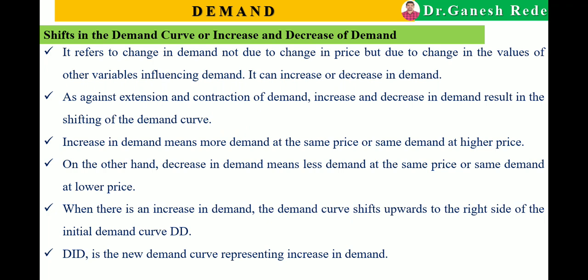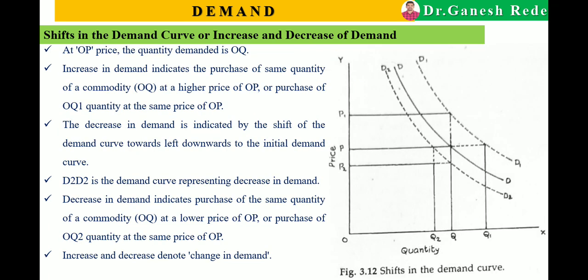Now, on the other hand, decrease in demand means less demand at the same price or the same demand at a lower price. What is decrease in demand? You can observe the demand curve D2.